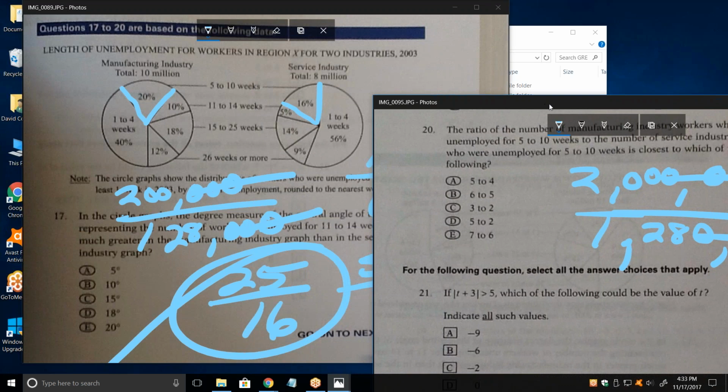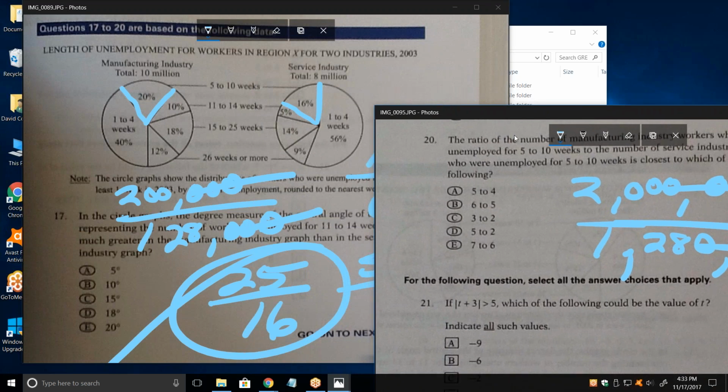What am I missing here? Length of unemployment.